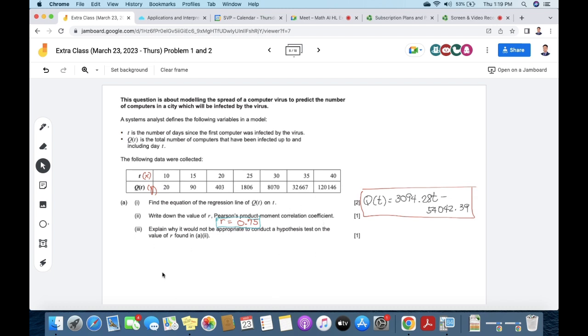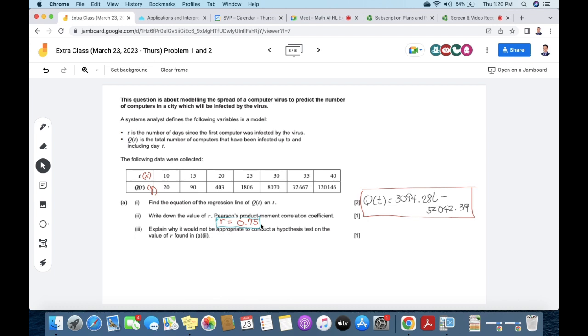Who remembers? What's the use of the R? The R will determine whether the correlation is positive, whether the correlation is negative, or there's no correlation at all.